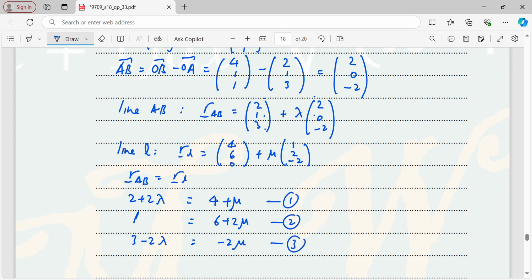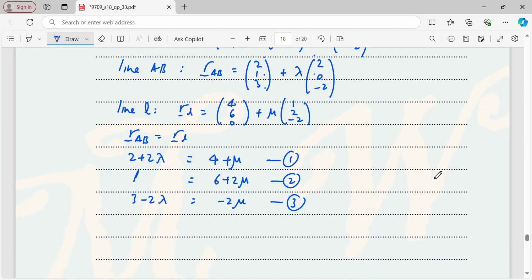Now, to show that 2 lines do not intersect, we need to choose any 2 equations to solve for both parameters. After that, we have to substitute both parameters into the remaining equation.